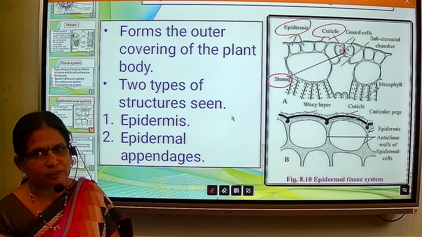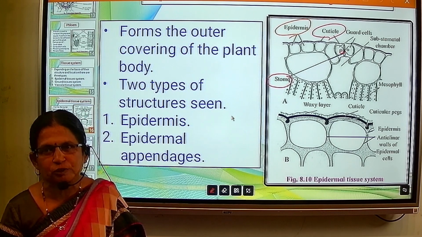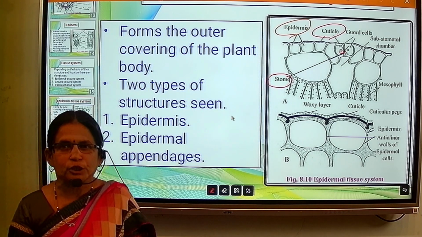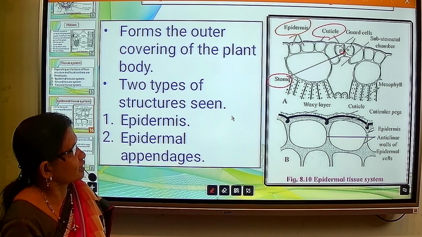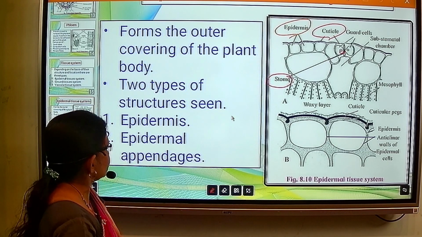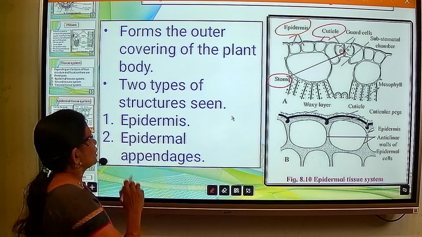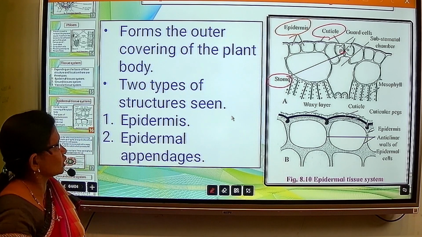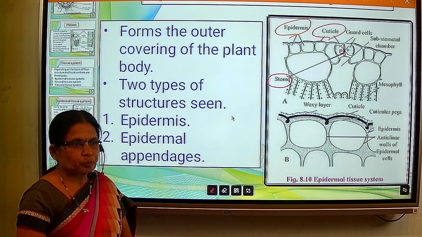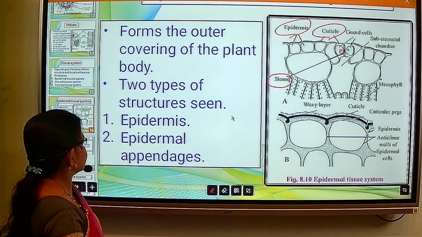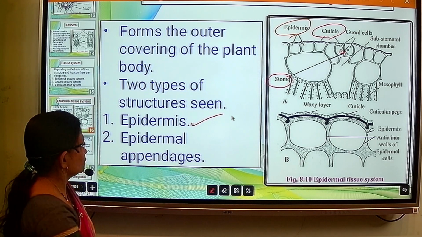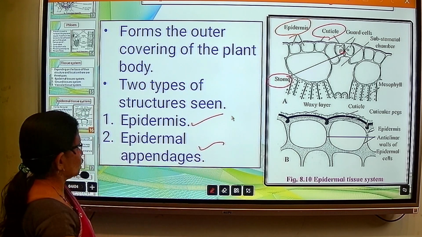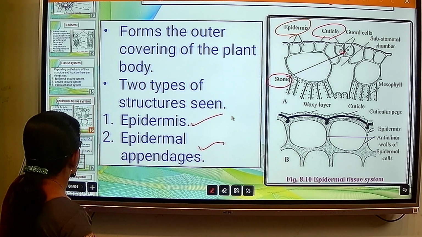Some part of the transpiration process is completed through the cuticle and some from the stoma, which is present in the upper epidermal layer. So there are two types of structures seen in the epidermal tissue system: first is the epidermis and another is the epidermal appendages.